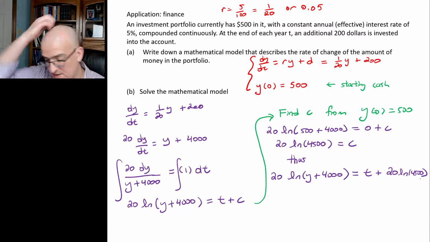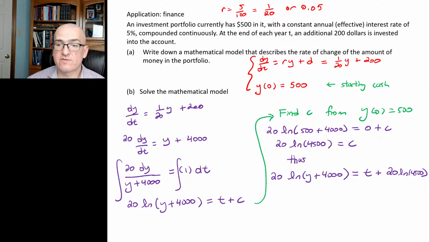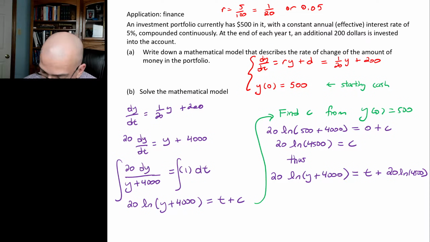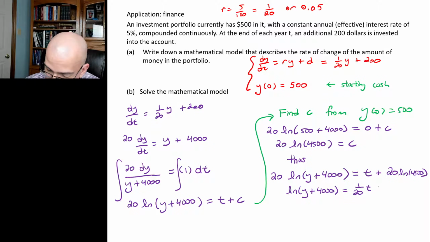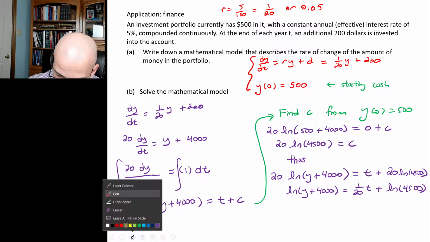Let's see, I want to get the y all by itself, so I'm going to divide everything by 20. So ln of y plus 4,000 is equal to 1 over 20 times t plus the ln of 4,500. And we're going to run out of space, so I'm going to go to the next slide.